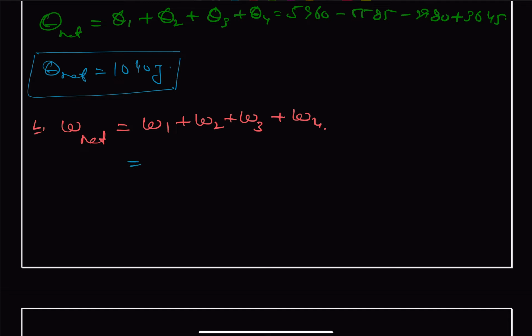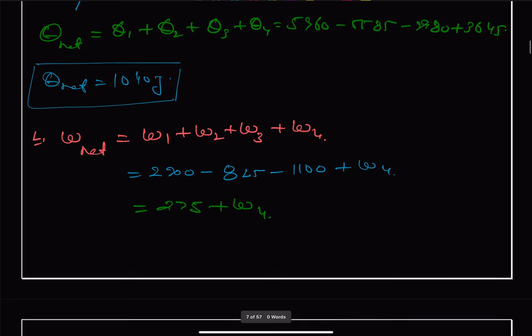W1 is 2200, and this is minus 825, and this is minus 1100, and plus W4, and this will be equal to 275 plus W4.